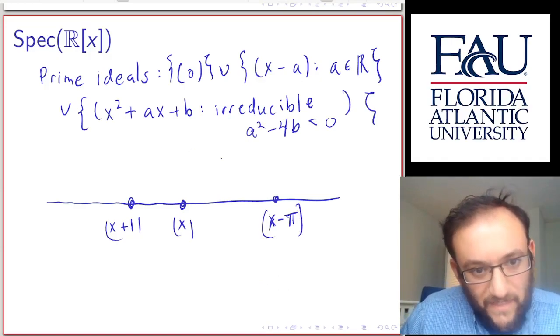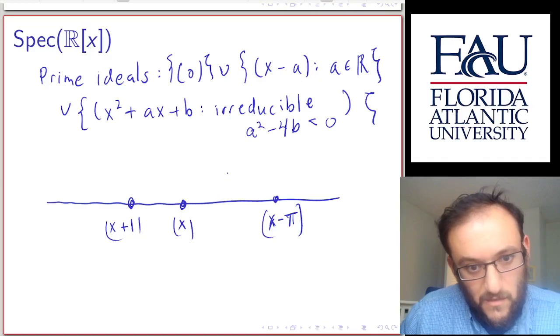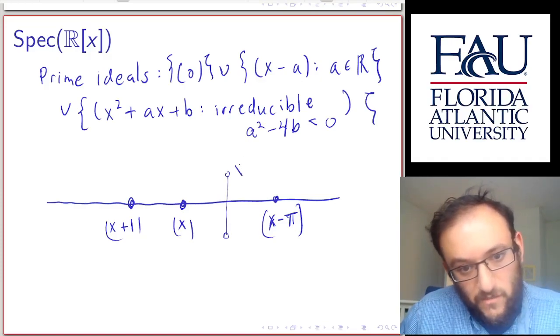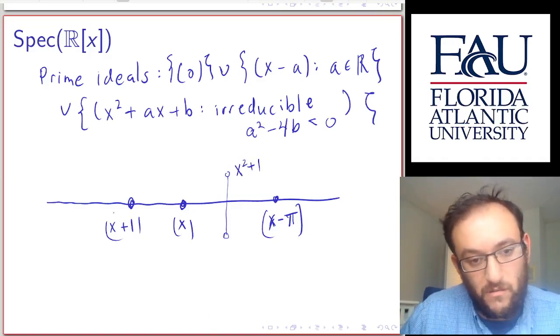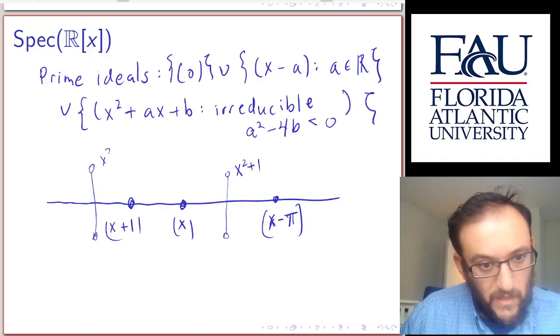Then you also get these kind of pairs of complex conjugate points, corresponding to, for instance, x squared plus 1, or x squared plus 2x plus 4.